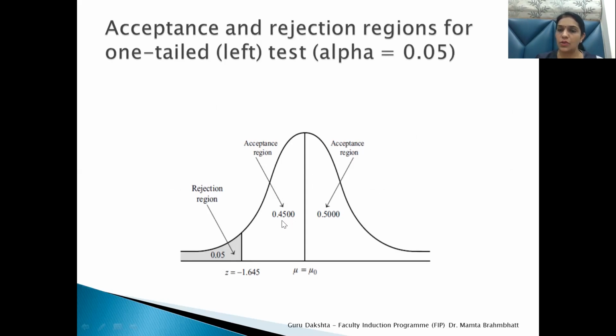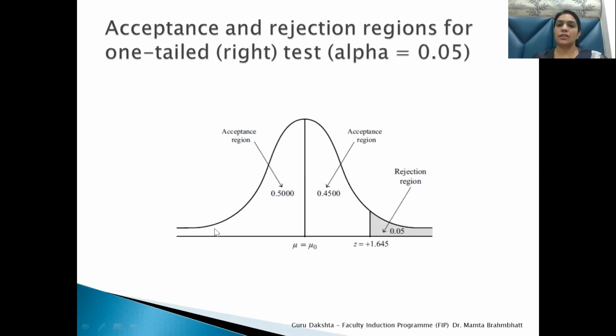This is the nearest value you have to capture from the Z distribution normal distribution table. So you'll get minus 1.645. Why is it minus? Because it is a left hand side distribution. So in the one-tailed distribution, my hypothesis will be rejected from only one side. If it is a left-hand side distribution, my hypothesis will be rejected from the left side.